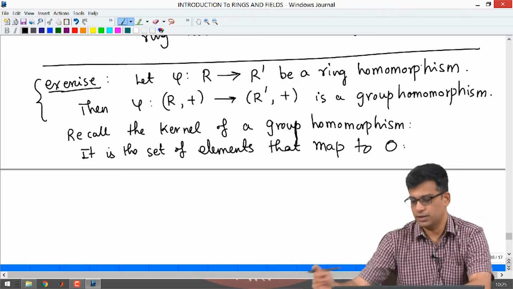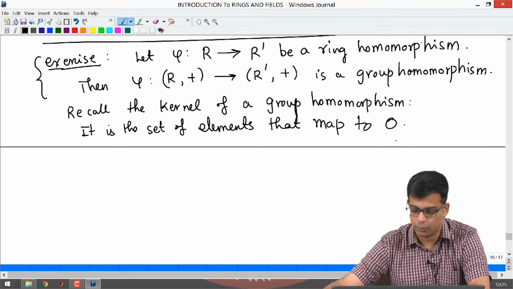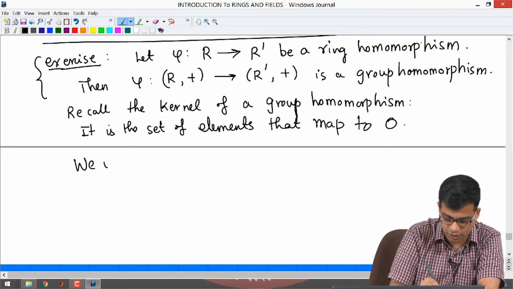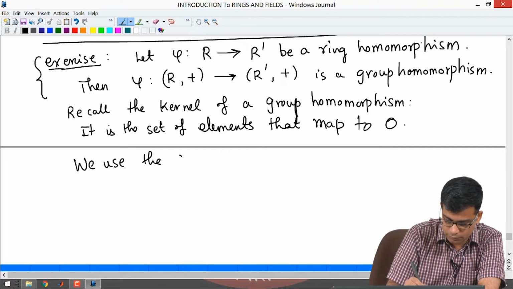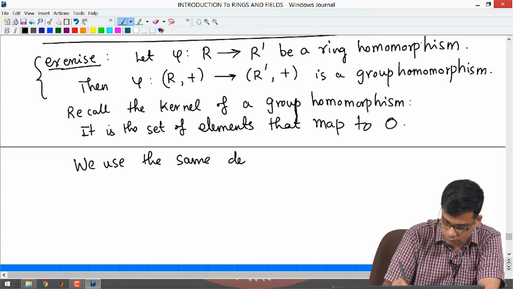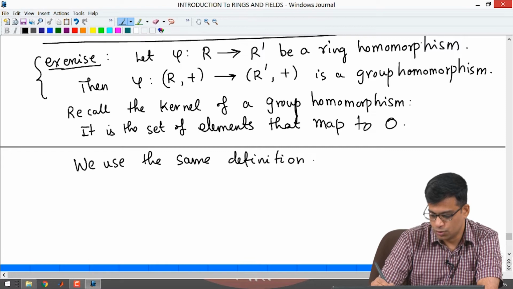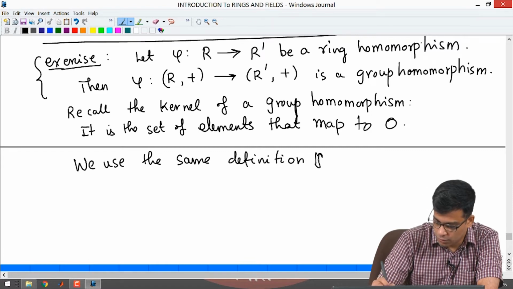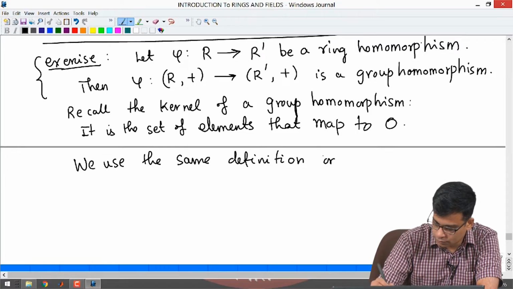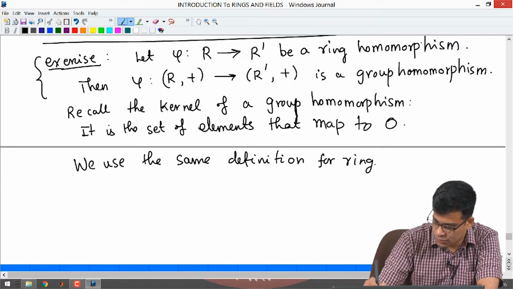Kernel is always the set of elements that map to 0. So, we use the same definition here. This is really a set theoretic object. We use the same definition for ring homomorphisms.